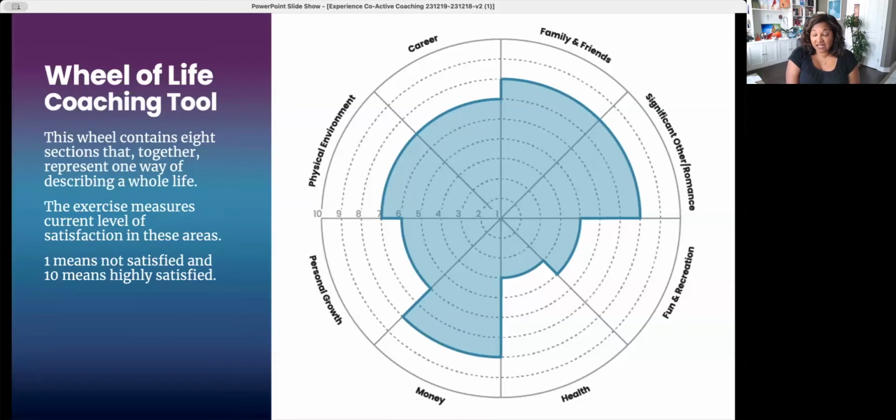We are grateful to have a volunteer who's already been briefed, as Roxane said. They have already had the opportunity to look at the wheel, get clear on what it is for them, and they're going to come up and Roxane is going to do a demo of how to work with this specific tool. Thank you, Elisa.